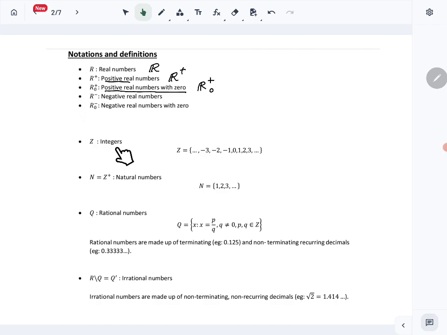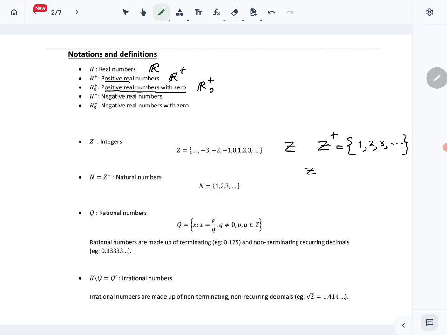Then integers. Integers are what? Those are all whole numbers. Any whole number, positive or negative, with 0 is called the integers. Integers are represented by Z. Then using this notation we learned here, Z plus would be all positive integers: 1, 2, 3, and so on.